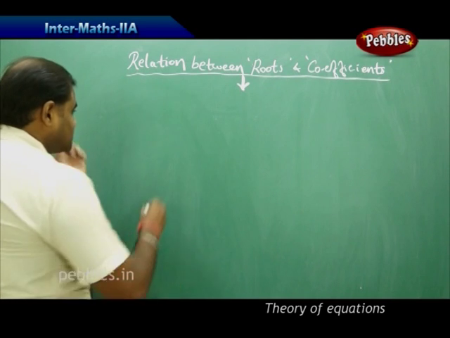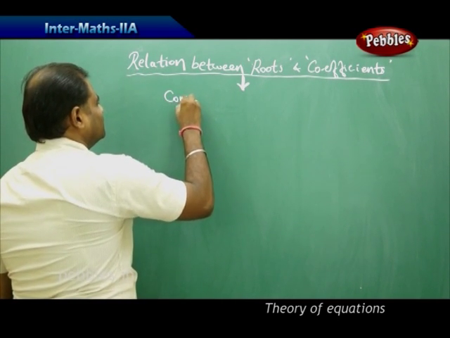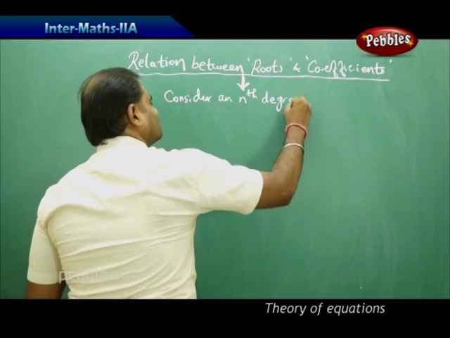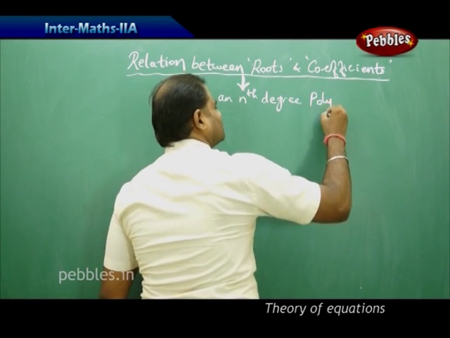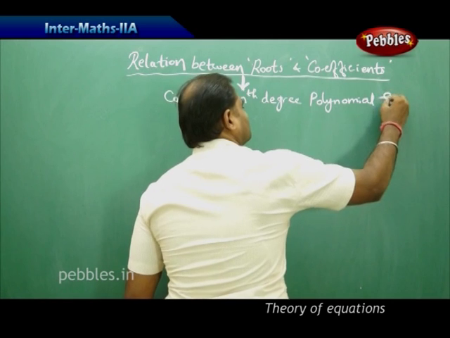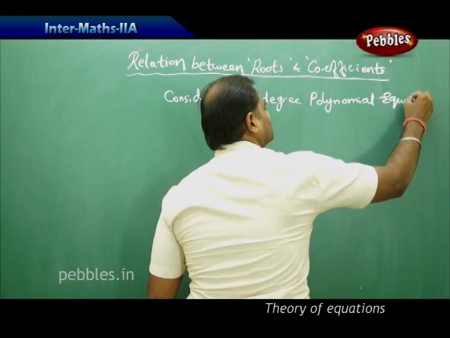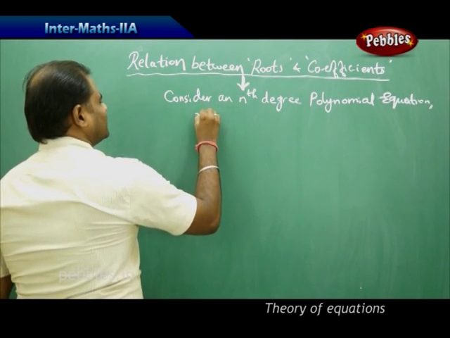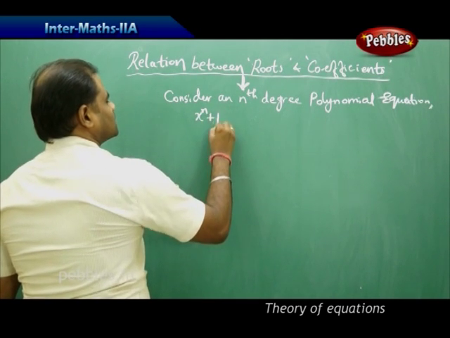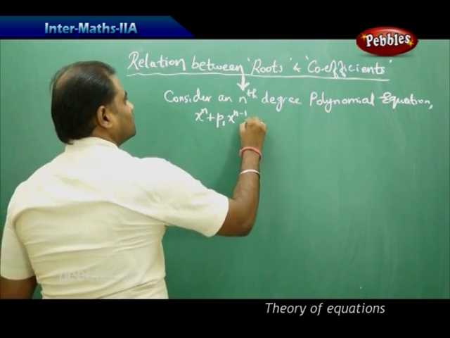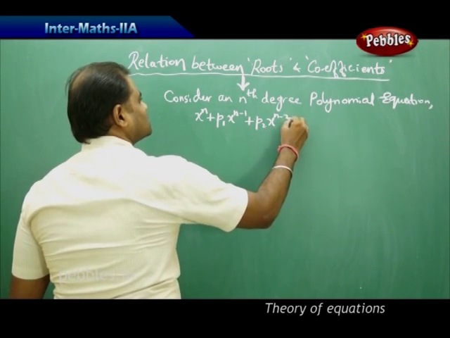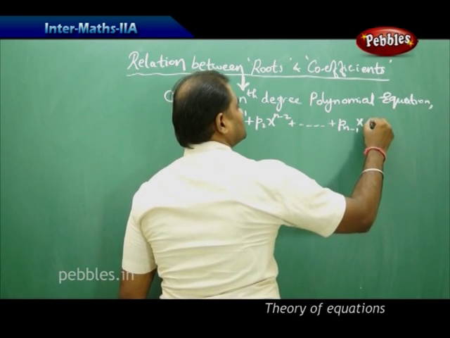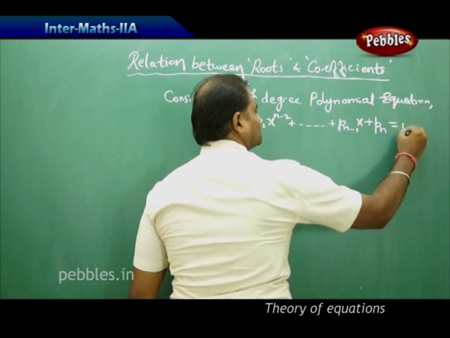So to start with, I initially considered an nth degree polynomial equation, say x power n plus p1 x power n minus 1 plus p2 x power n minus 2, so on and so forth, till p n minus 1 x plus pn equal to 0.